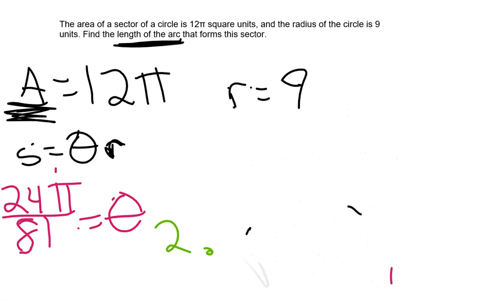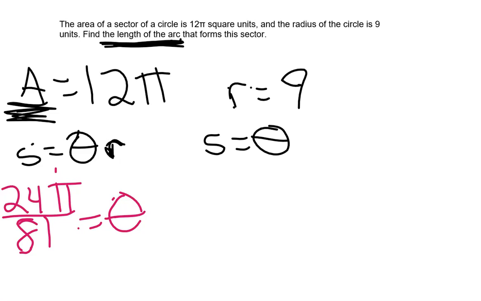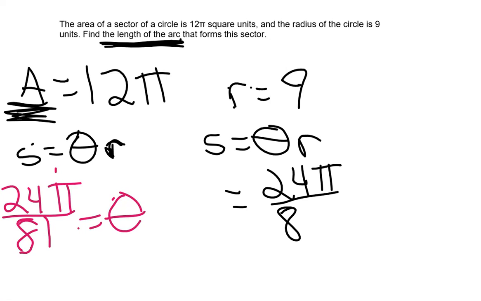Now I know what that angle measure is, I can plug it in, and I can solve for the length, or my sector length. So I can say that it's equal to my angle times my radius. My angle is equal to 24 pi over 81. My radius is equal to 9. My 9 and my 81 are going to cancel out and be a 1.